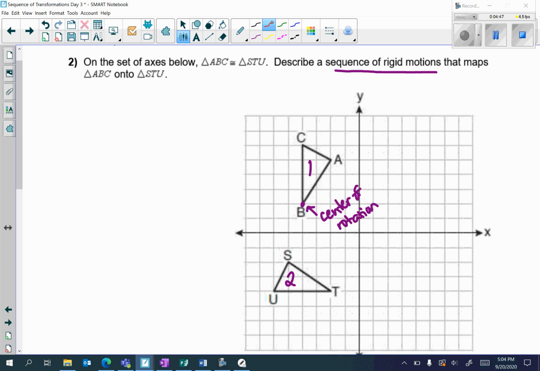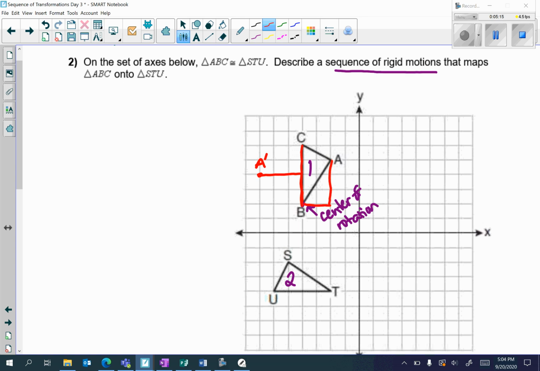So notice the distance from B to A, I will go over 2 to the right and then 1, 2, 3 up. I would do the opposite if I was rotating 90 degrees. So I'm going to go up 2, and over 1, 2, 3. That's going to be A prime. The distance from B to C is 1, 2, 3, 4.